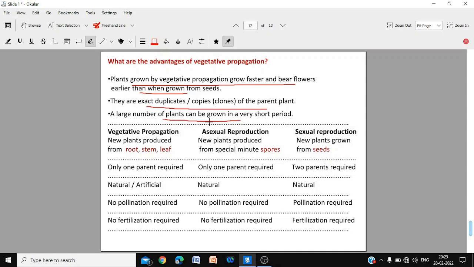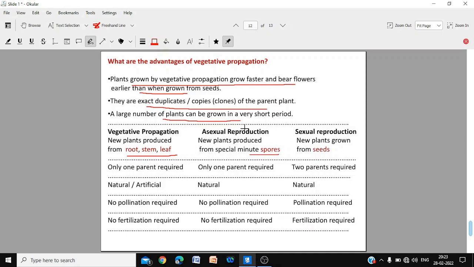Now here we have a comparison of vegetative propagation, asexual reproduction, and sexual reproduction. In vegetative propagation, new plants are formed from root, stem, leaf, or bud. In asexual reproduction, new plants are formed from spores.